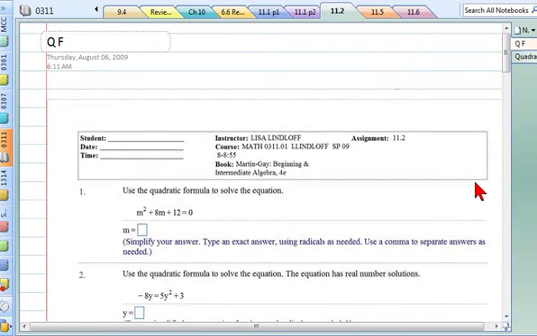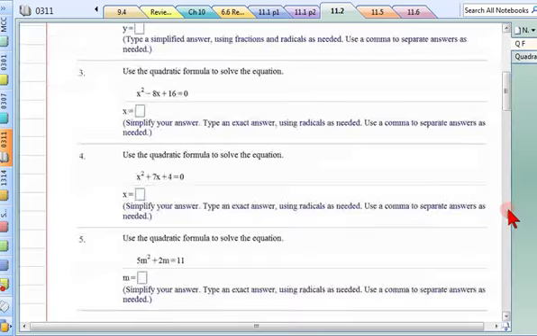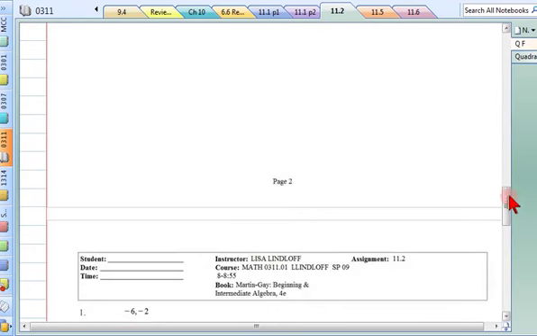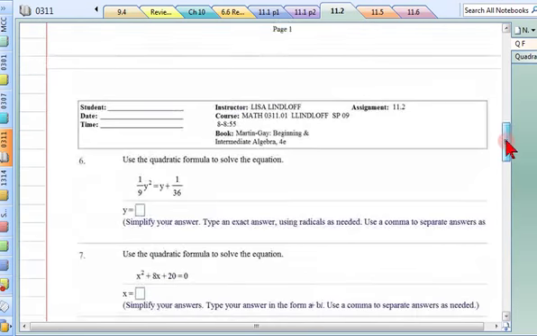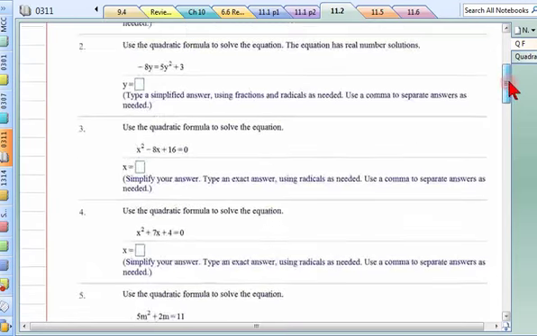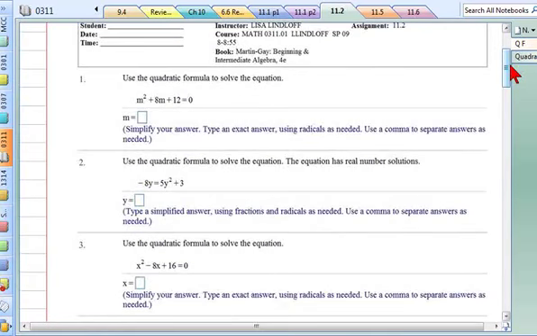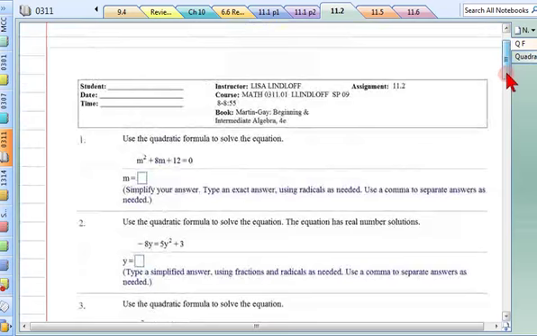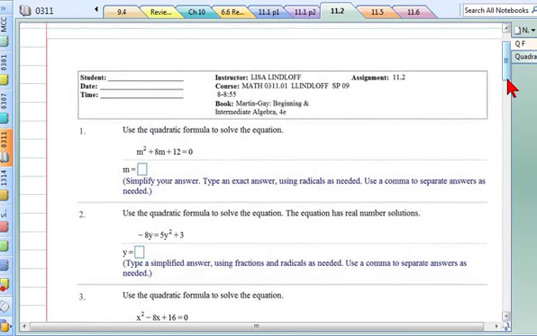Our problems in 11.2, and I am going to go to a blank page to do these. Problem number 1, because I think it's way too small for y'all to read in class. It says use the quadratic formula to solve the equation.